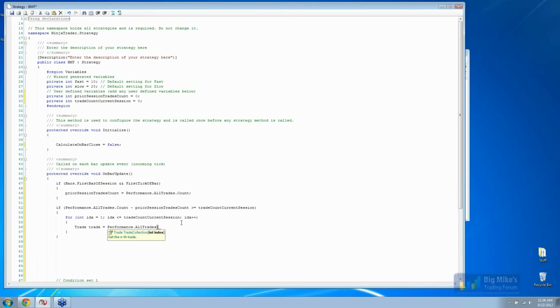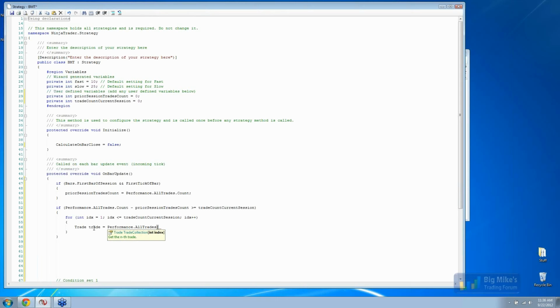If you notice on my screen right now, it says int index, get the nth trade in green text over here. What I'm doing is I'm accessing a very specific trade and setting that trade to a trade object I made called trade. The way this index works is that the last trade is stored on the last index value.